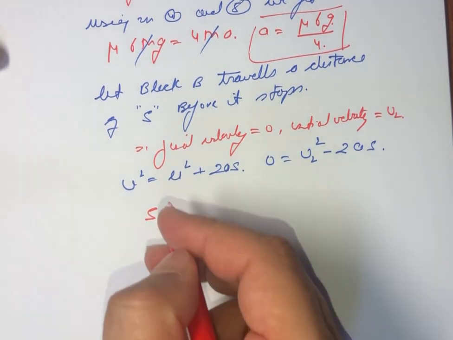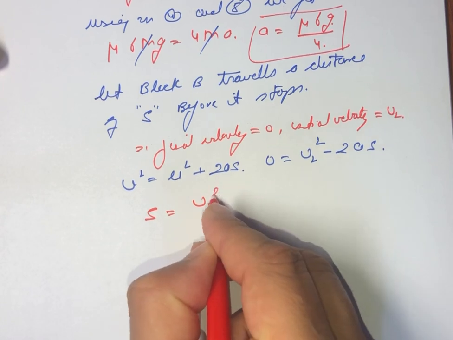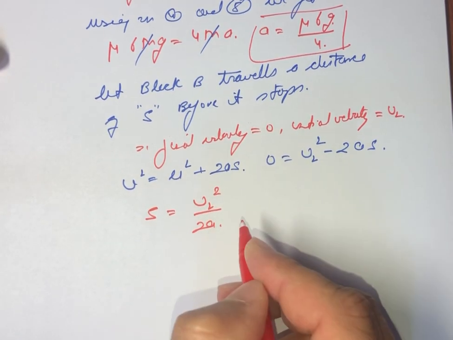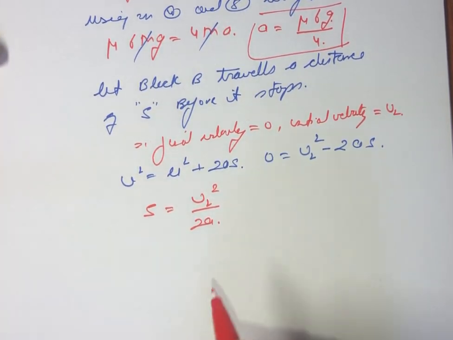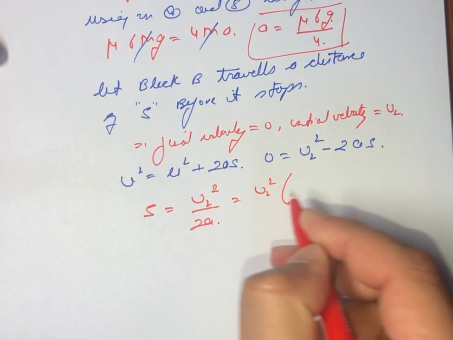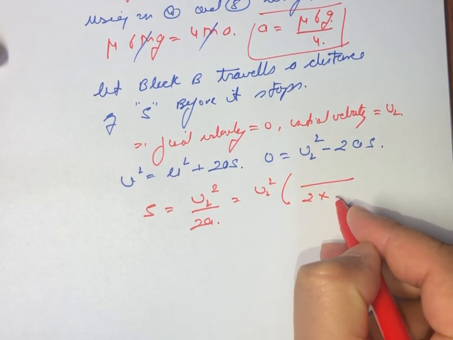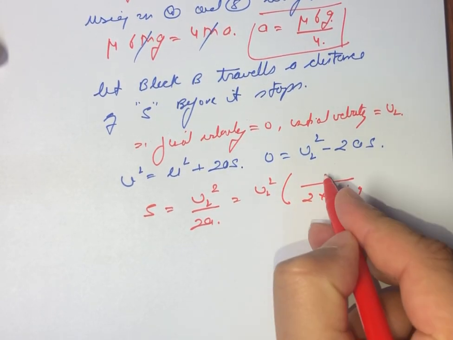s will be equal to v2 squared divided by 2a, and we already know the value of a. Substitute it here, we get v2 squared divided by 2 times mu 6g over 4.